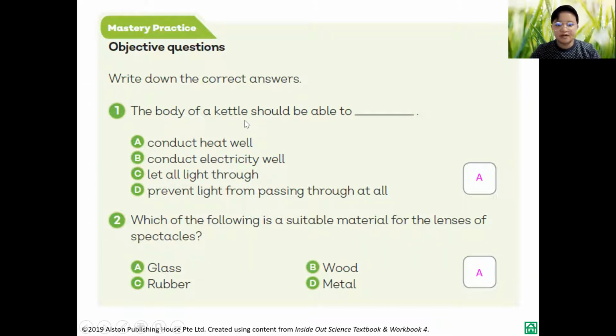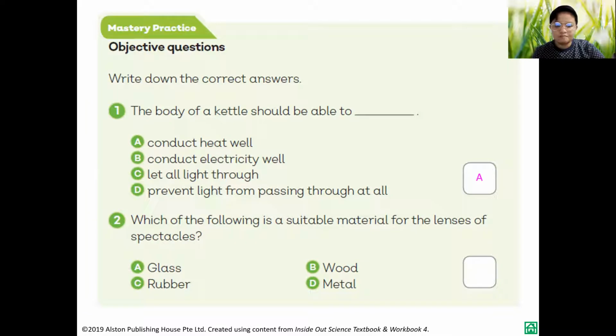The body of a kettle should be able to: A, conduct heat well; B, conduct electricity well; C, let all light through; and D, prevent light from passing through at all. You've already seen the answer. But why is the answer letter A?